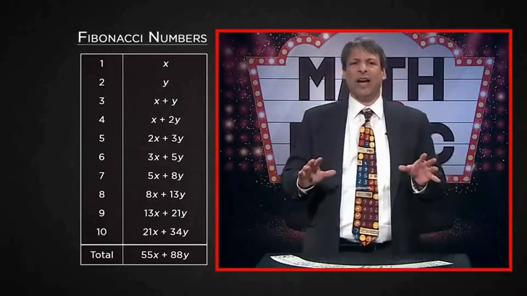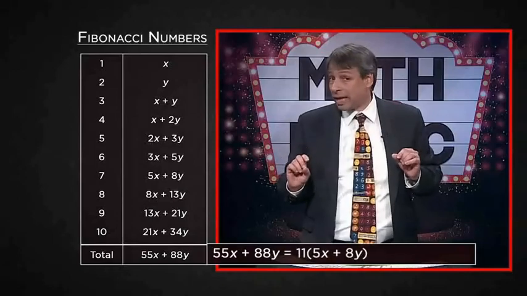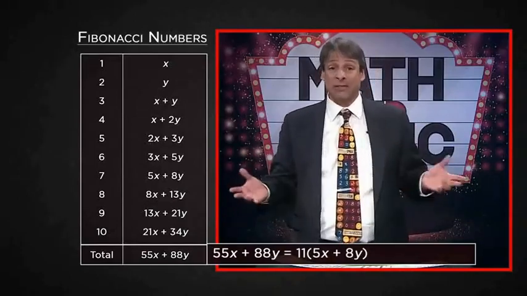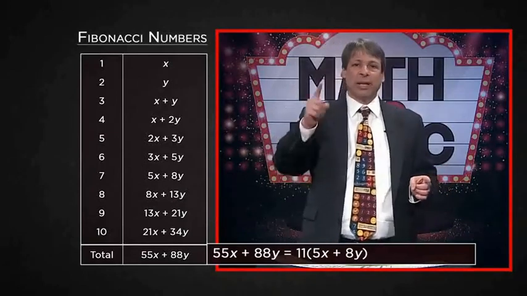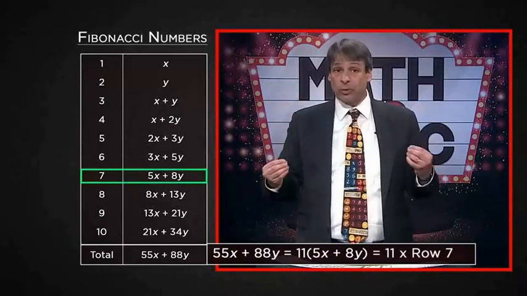Now what makes that number so special? Well, 55x plus 88y, we can factor out an 11, and that's 11 times the quantity 5x plus 8y. But notice, 5x plus 8y is actually row number 7.